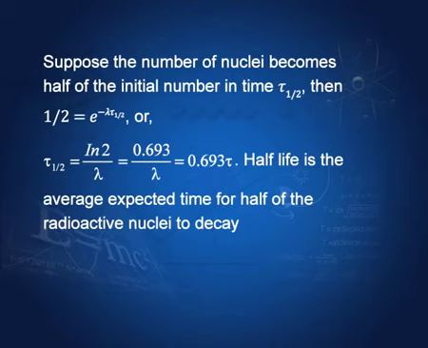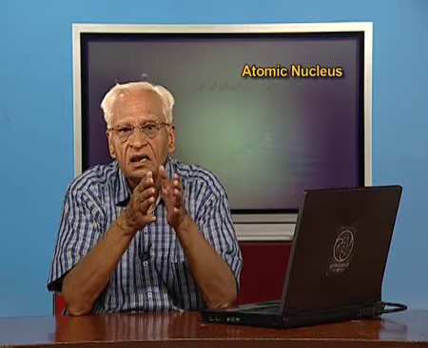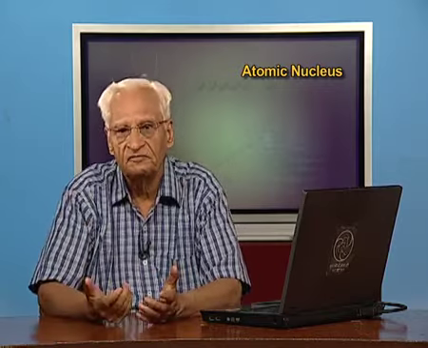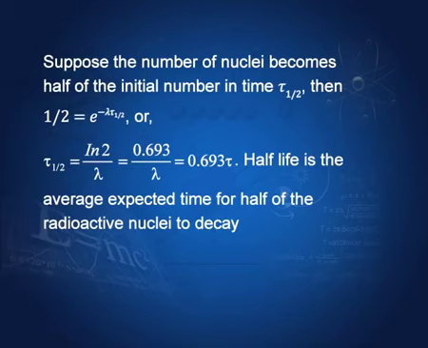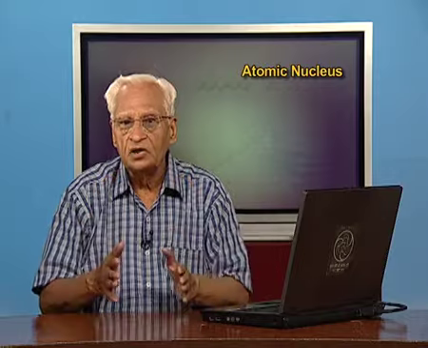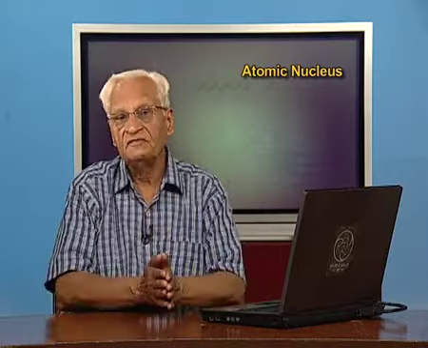From what has been said above about the mean life and half life of a nucleus, it follows that if we keep, say, 10,000 identical radioactive nuclei in each of a large number of boxes, we have several boxes, each one containing 10,000 identical radioactive nuclei. What will happen if we open them after their half life? Half life, let us say 1 minute or 2 minutes or 10 minutes, we open them after that time and find that each box will contain nuclei in number about 5,000, not exactly 5,000.